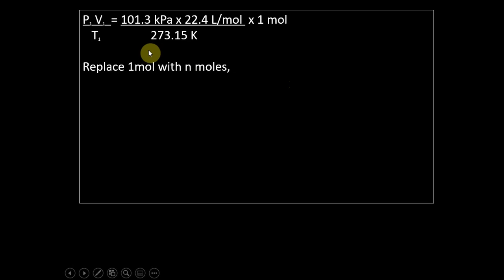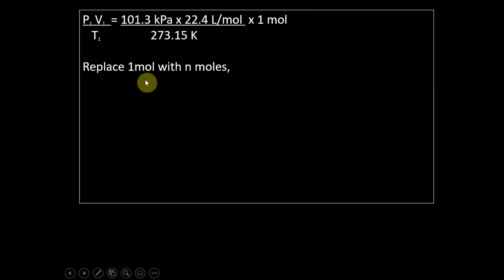So in this case I've taken STP conditions: 101.3 kilopascals, 1 atmosphere, 22.4 liters per mole, we got that from our molar volumes, and 0 degrees Celsius, so that's 273.15 Kelvin. And that's for 1 mole of a gas.